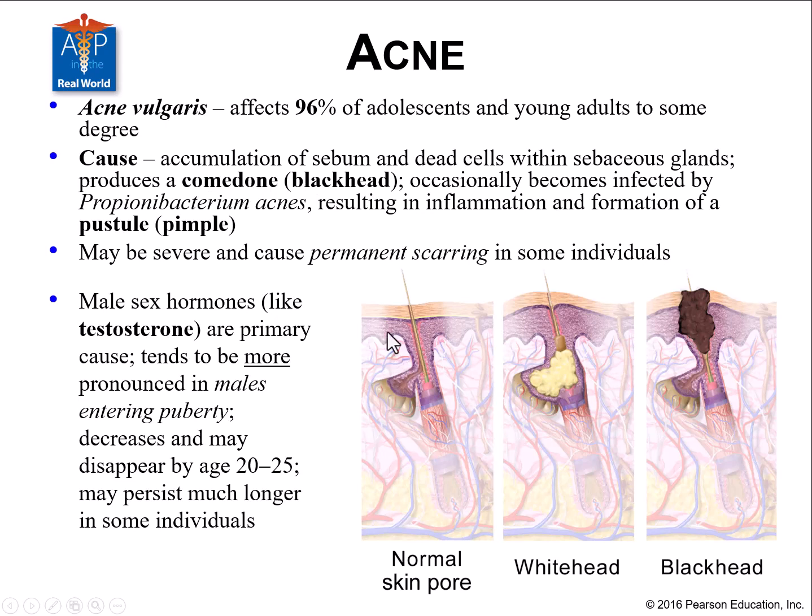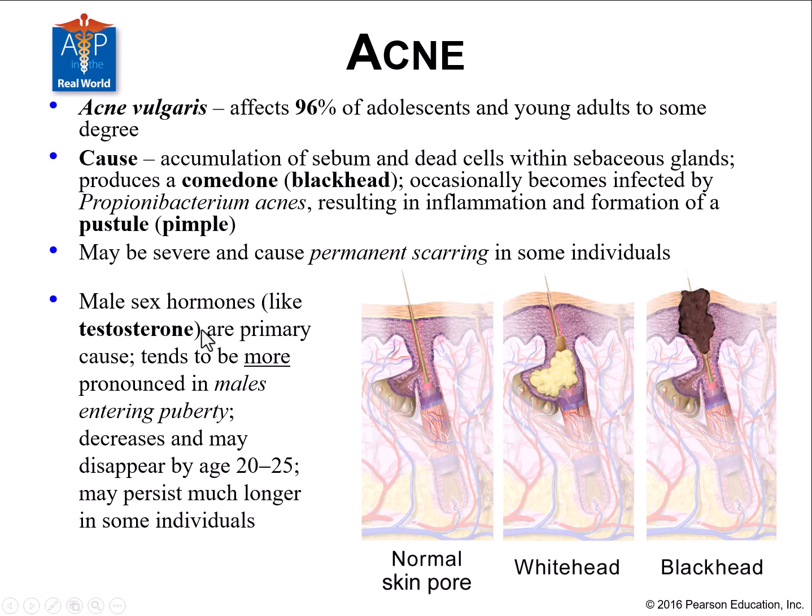So here's an example of a normally functioning sebaceous gland. This is when we get a whitehead. We start getting an infection in there. And then this is where it ends up converting into a comedo, a blackhead, and it plugs the entrance to the pore. And then that inflammation can also be severe, and that's where acne can cause permanent scarring.